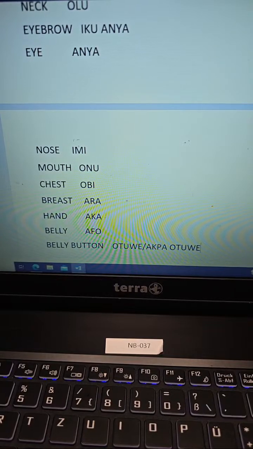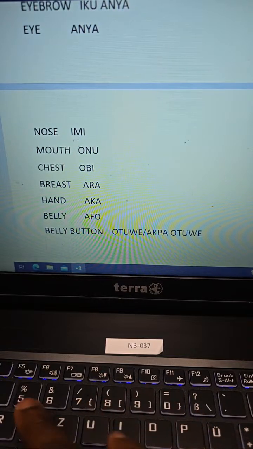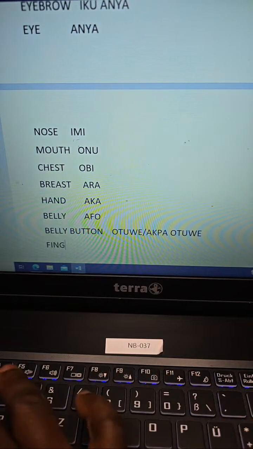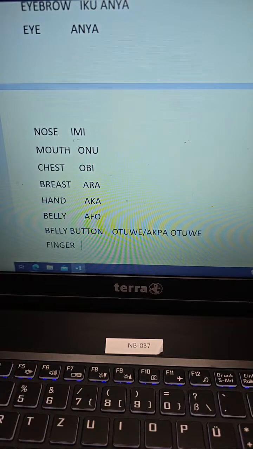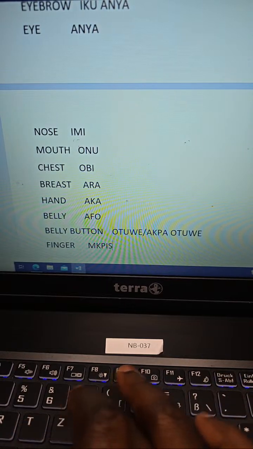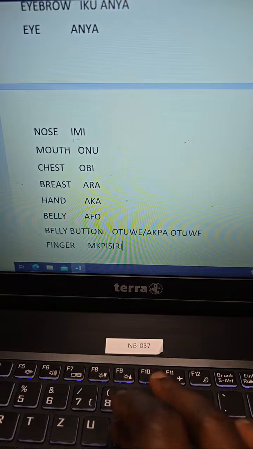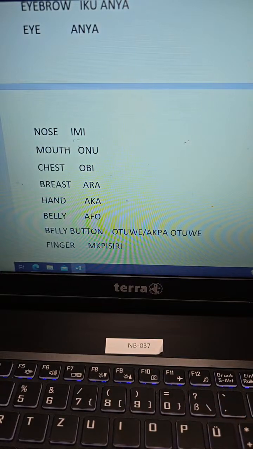And then we have the finger, mkpịsịrị aka.